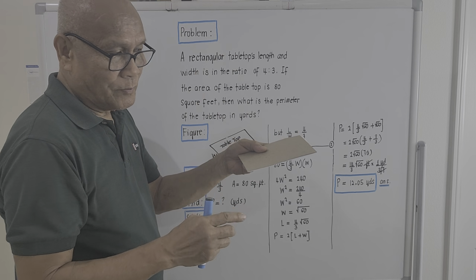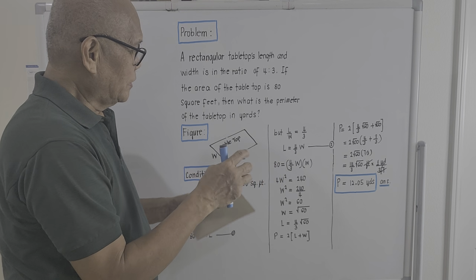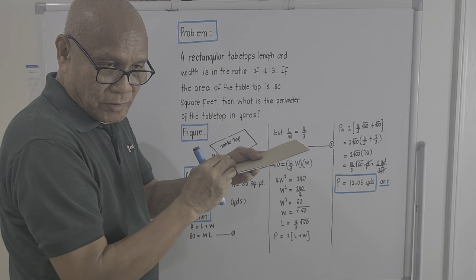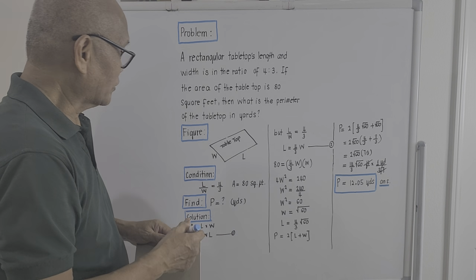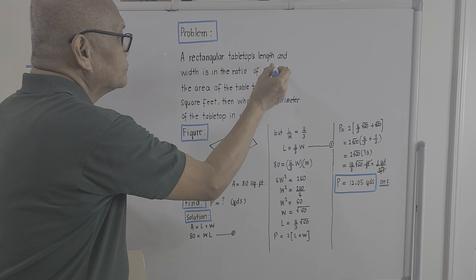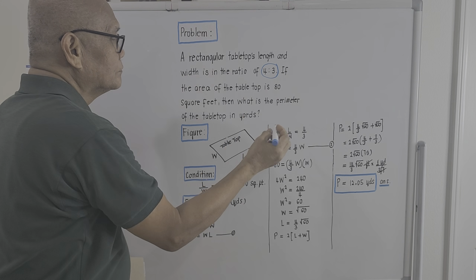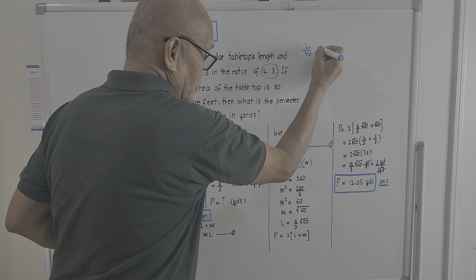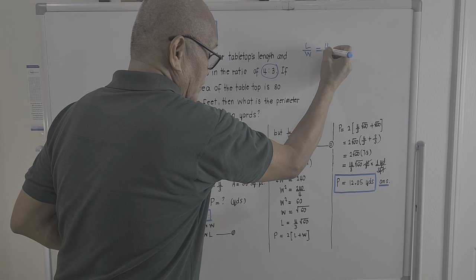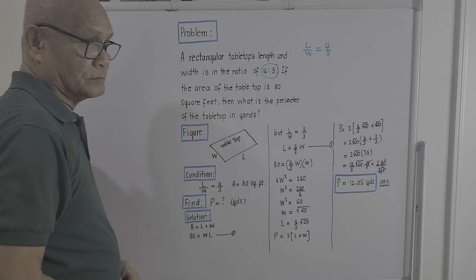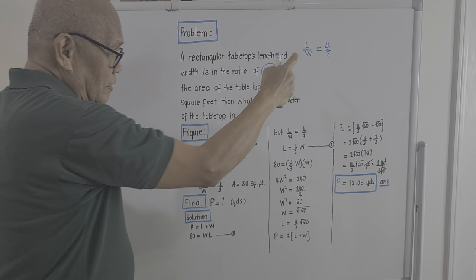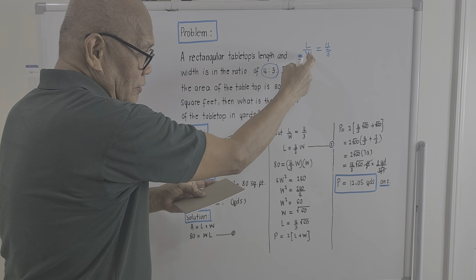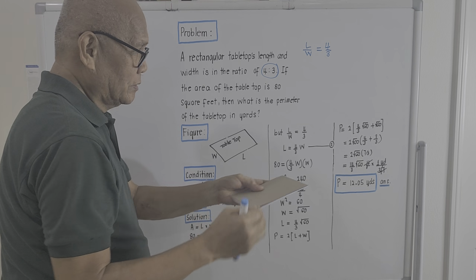According to the given problem, the ratio of the length and width is 4/3, meaning the ratio of length over width is 4/3. Capital letter L refers to the length and capital letter W refers to the width.